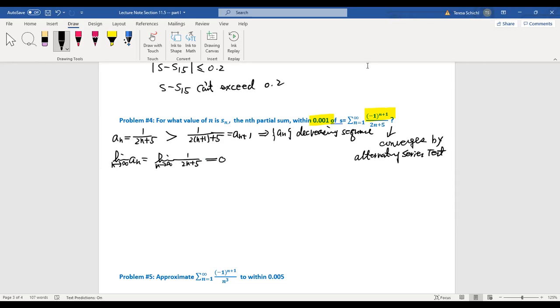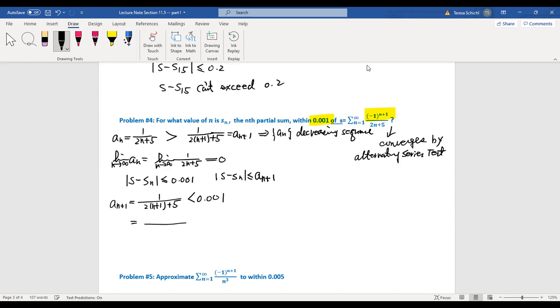Now I want my partial sum within 0.001. That means S minus S_n is less than or equal to 0.001. And from a while ago, we said S minus S_n is less than a_(n+1). So a_(n+1) is 1 over 2(n+1) plus 5, which will be less than 0.001.